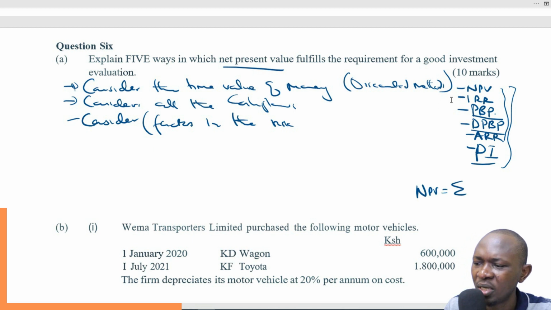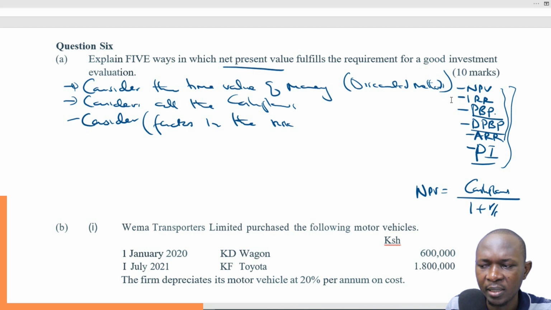The formula for NPV is the summation of the cash flows, because we are talking of discounting, divided by 1 plus R raised to power n, minus the initial capital that you will have invested.